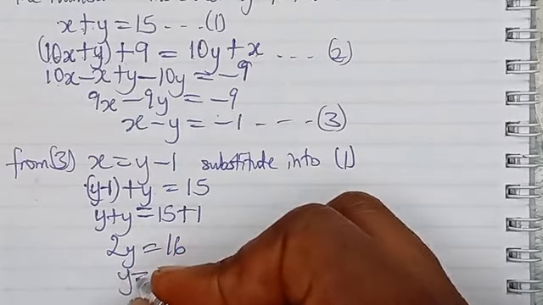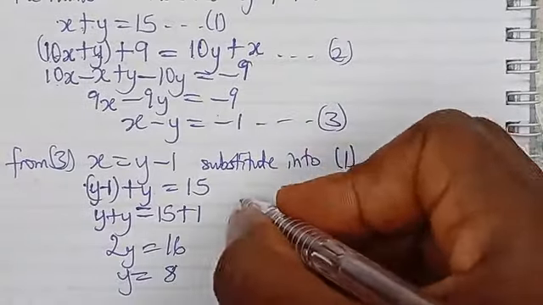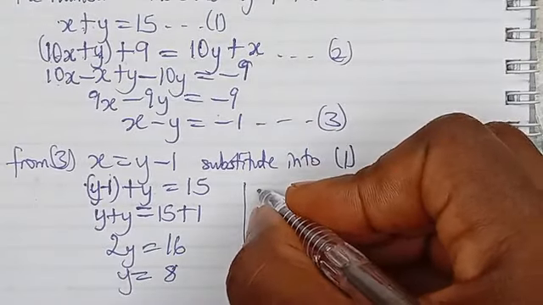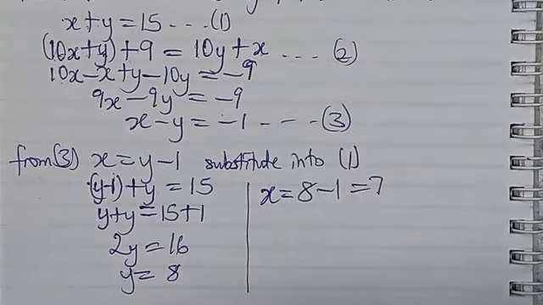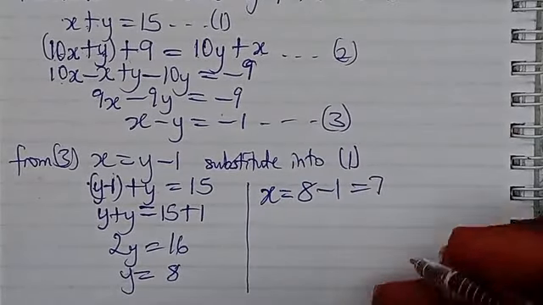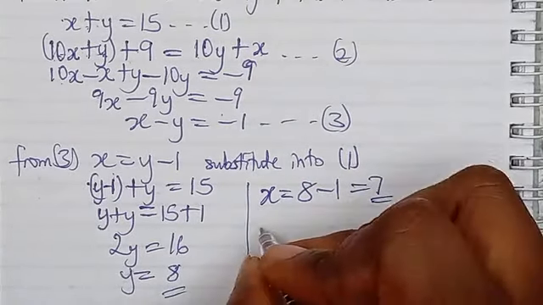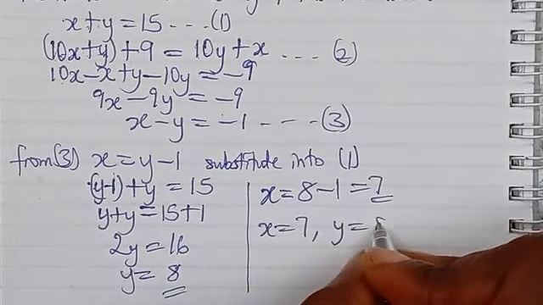Therefore, dividing both sides by 2, y is equal to 8. Then we solve here. We have that x is equal to y minus 1, so x is equal to 8 minus 1, which is 7. Okay, so x is 7, y is 8. These are the two digits.